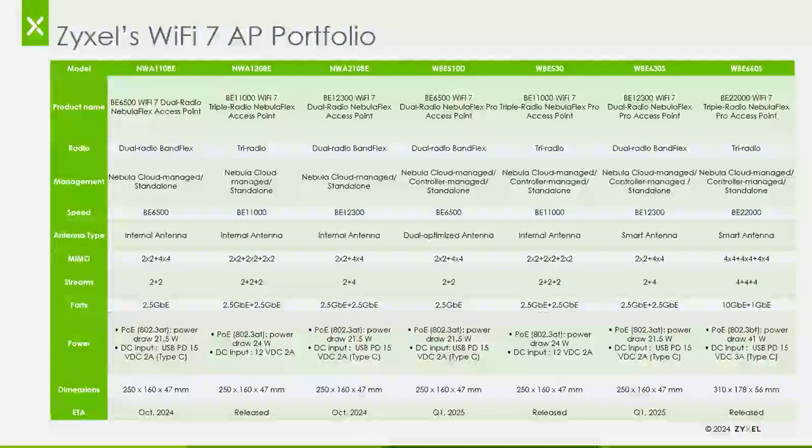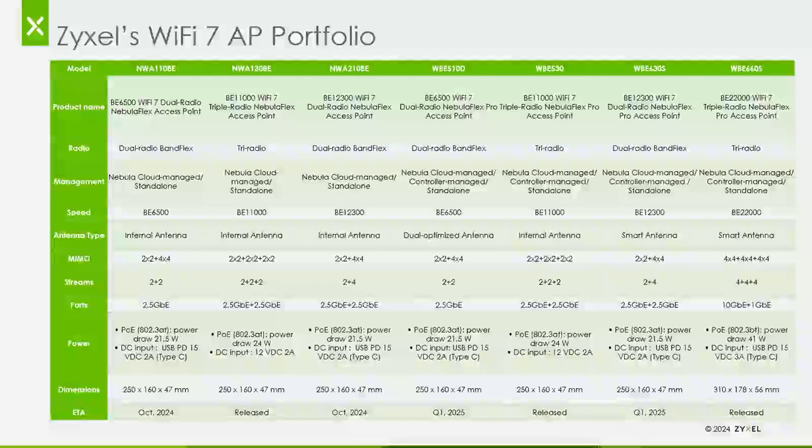So with these two new access points today, this completes, at least for the time being, our Wi-Fi 7 portfolio. We now have 7 different Wi-Fi 7 access points available for you, both tri-radio and dual radio, as we launch today. We've got products all the way down at the entry level of the market with the WBE510D, which I think today is the most affordable Wi-Fi 7 access point out there.